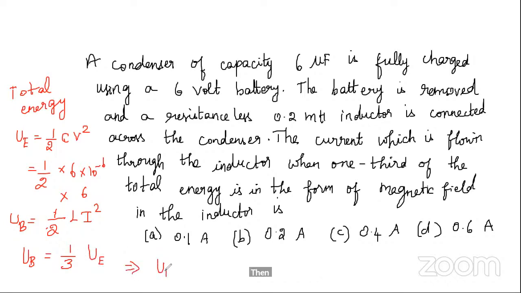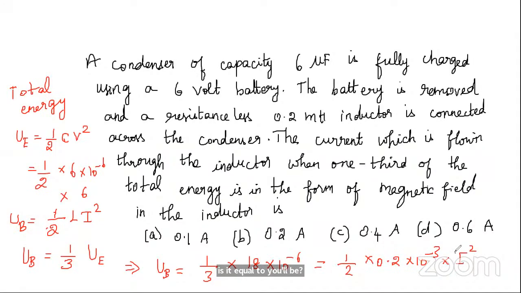So that implies U_B equals 1/3 of half into 6 into 6, that will be 3 into 6, 18. 18 into 10 power minus 6. This is equal to U_B, which is nothing but half L I squared. L is 0.2 millihenry, that is 10 power minus 3 into I squared.